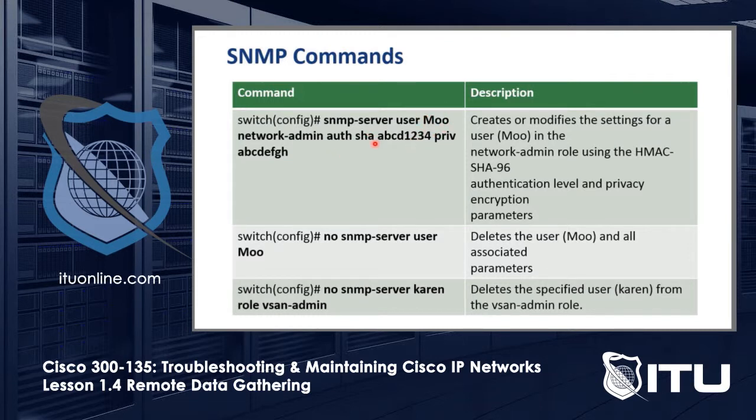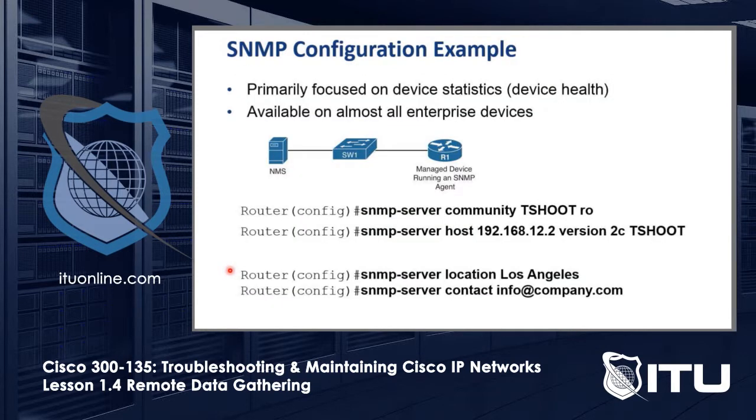And Moo is using SHA with a password, and we have set some privacy levels as well, some encryption for it. Or we can delete Moo and all of Moo's associated parameters: no snmp-server user Moo, and no snmp-server user Karen role vsan-admin, so Karen cannot be this particular admin. So different ways of setting up SNMP. Here would be a configuration example.